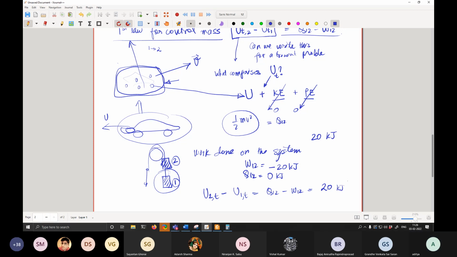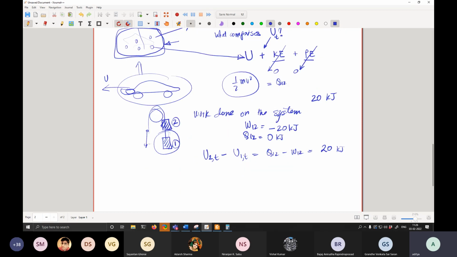And in the first position, I consider this as the reference potential energy. U2 total is comprised of internal energy U2 plus kinetic energy at 2 plus potential energy at 2, minus internal energy at 1 plus kinetic energy at 1 plus potential energy at 1.